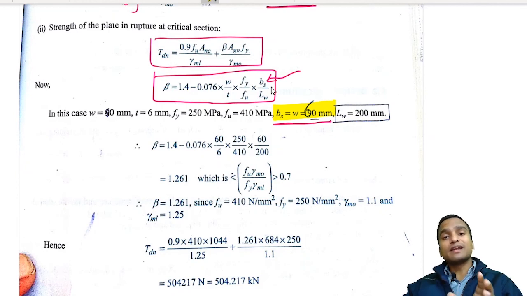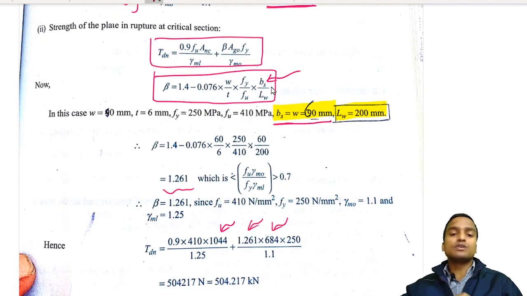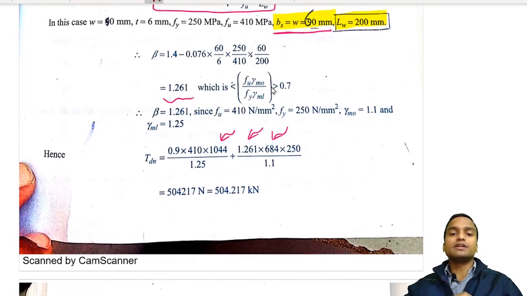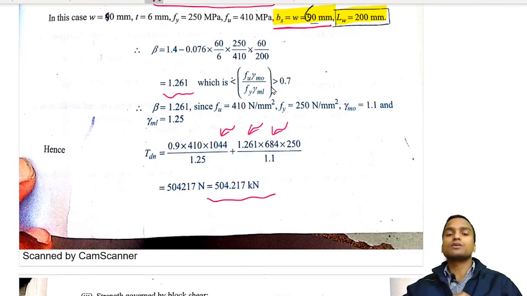The length of the end connection Lc will be equal to 200 mm, the effective length of the weld. Using all the values in the formula of beta, we get beta equal to 1.261. When we use it in TDN, along with ANC and AGO, we calculate TDN equal to 504 kilonewton.